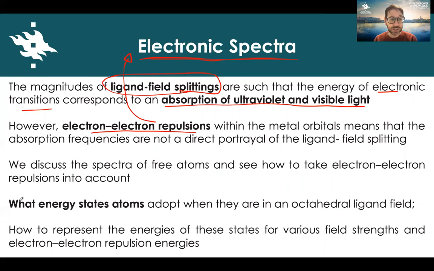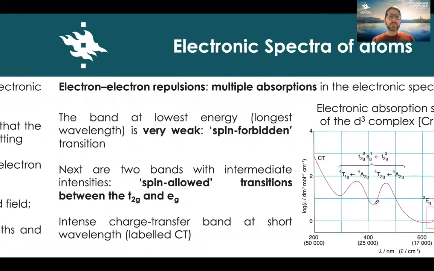Then we will see what kind of energy states these atoms can possess when they are placed in an octahedral field, and how these energies can be described for various ligand field splittings and electron-electron repulsion energies to understand the electronic spectra of coordination compounds.